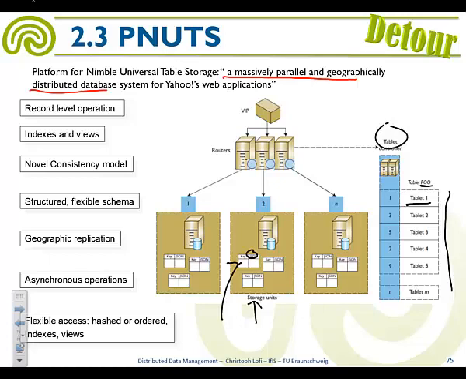But the cool thing about this approach is that you actually have two kinds of tables. You have ordered tables, which means that your records are ordered by the values of the keys. And you have hashed tables as well, which means that you apply a hash function over the value of the key, and that's the way you organize your data.